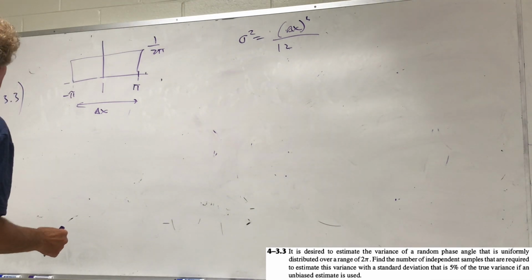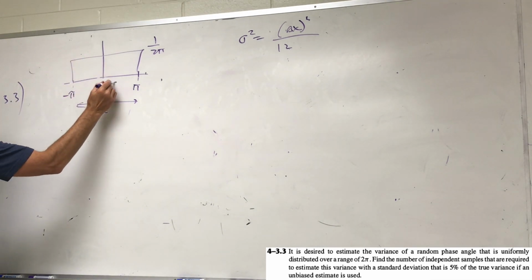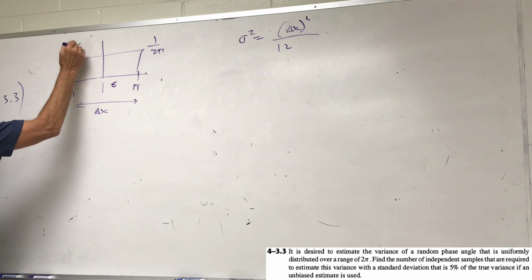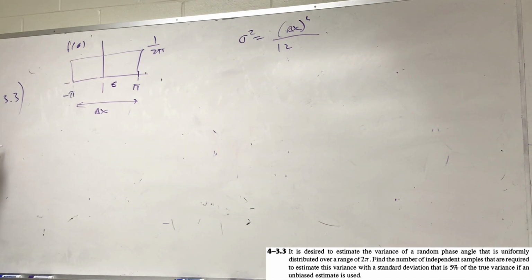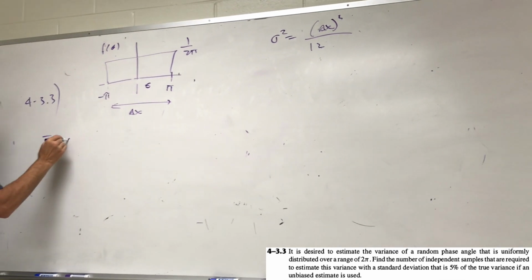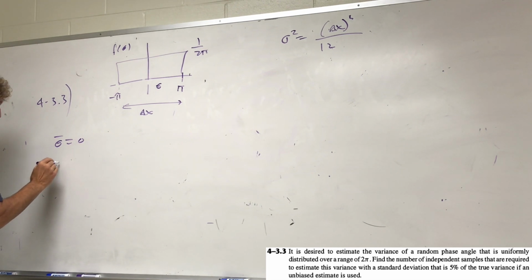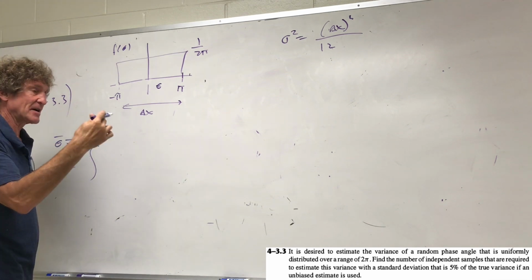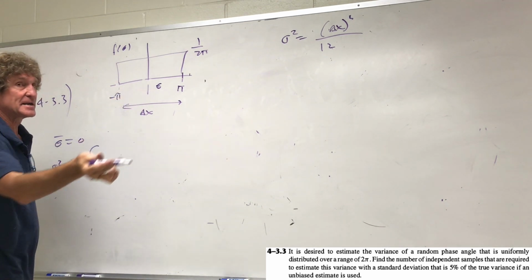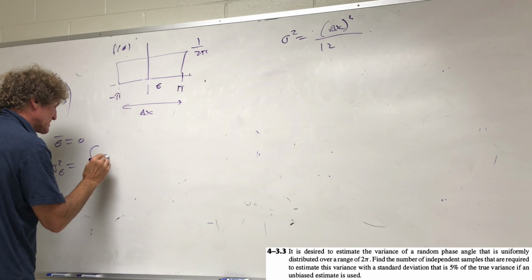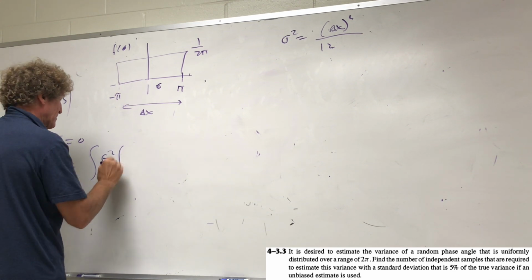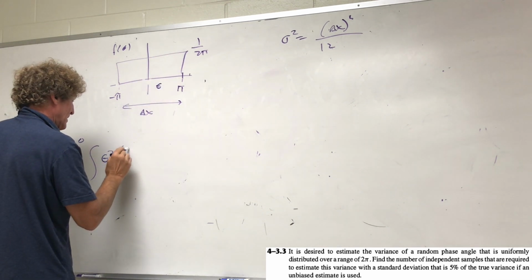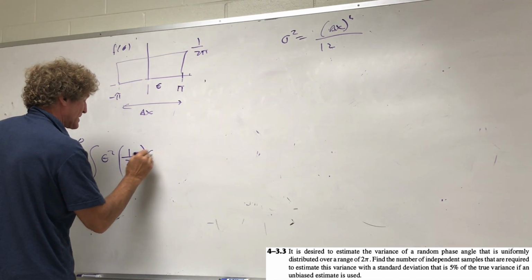So if you wanted to calculate, this is the phase angle theta, call this f of theta here. And now suppose the mean value of theta is equal to 0. So how do I get sigma squared of theta? Well, what's the definition? You would take the value of the variable, theta, minus the mean 0, right? So it's theta squared, right? Then you have to take the probability density function times that 1 over 2 pi, and then you integrate that d theta.